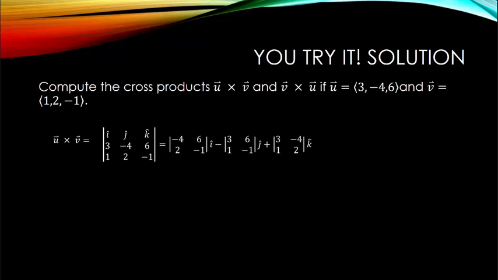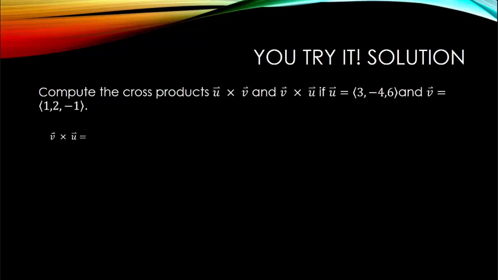I will expand about the first row in my matrix so that my cross product is given by the determinant of a 2 by 2 matrix negative 4, 6, 2, negative 1 times i hat minus the determinant of the 2 by 2 matrix, 3, 6, 1, negative 1 times j hat, plus the determinant of the 2 by 2 matrix, 3, negative 4, 1, 2 times k hat. This gives me the vector negative 8 i hat plus 9 j hat plus 10 k hat, or in component form, the vector negative 8, 9, and 10.